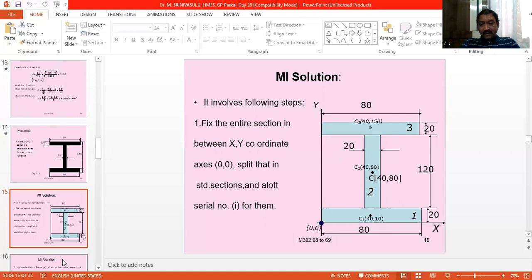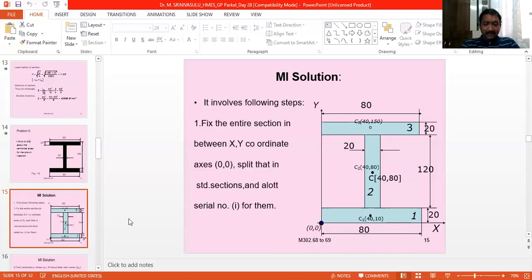So the centroid of the given I section will lie on the y axis. First of all we will define the reference axis. Here the bottommost edge is the x axis, and the leftmost edge is the y axis. So that is the 0 point.